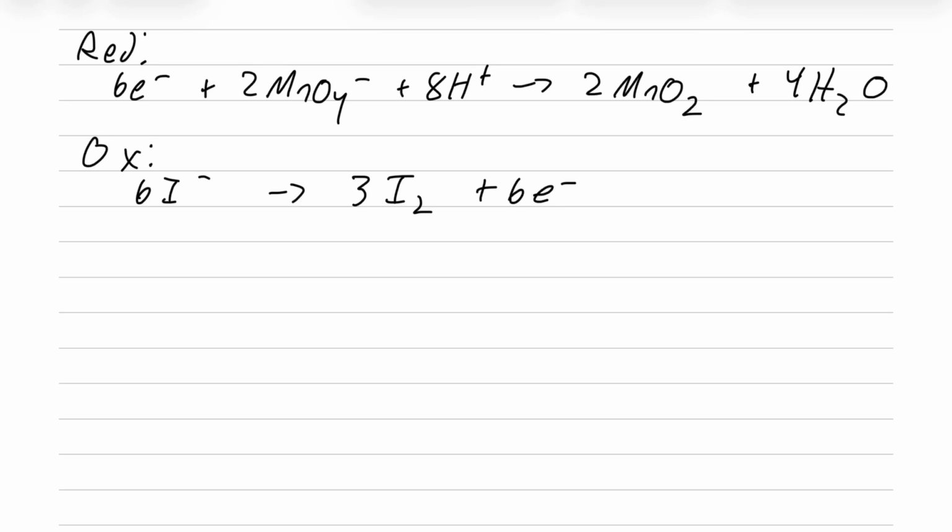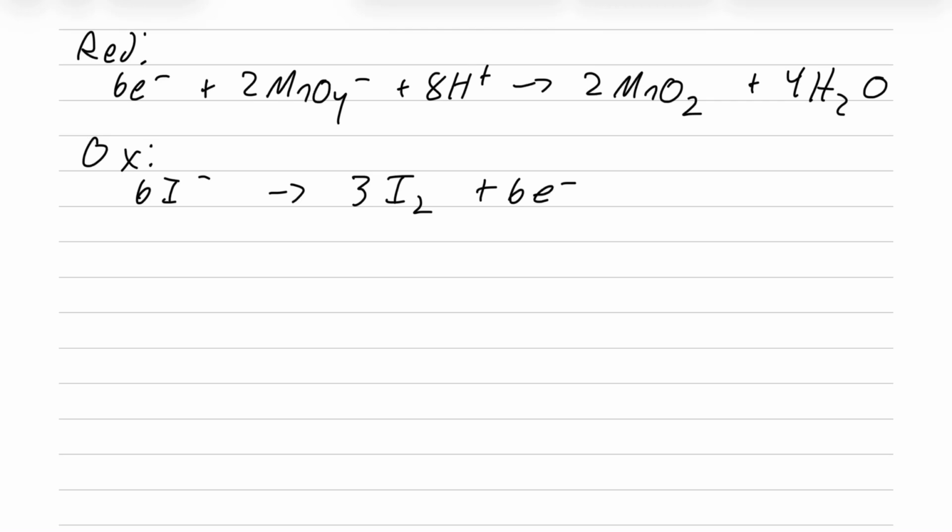So now we're working with our 2 fully balanced, fully usable half reactions. Now we can add them. In fact, before we even start adding them together, we can start canceling things out.